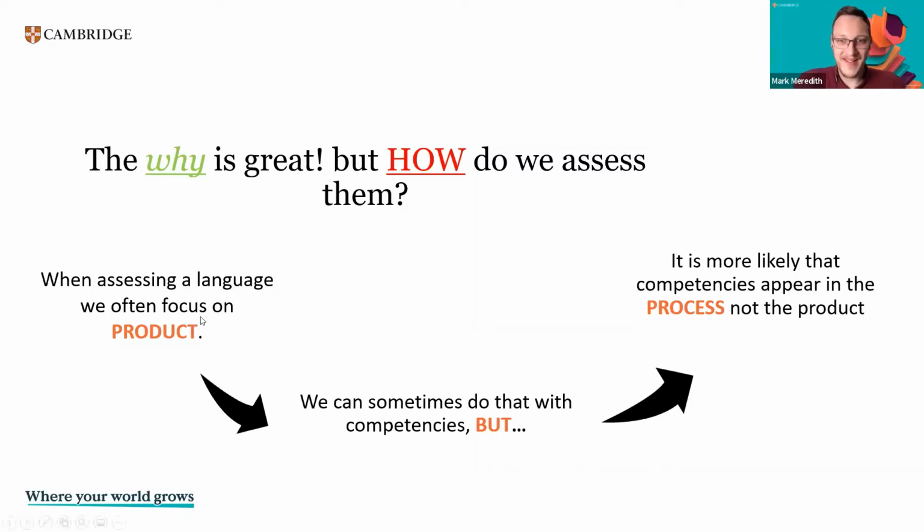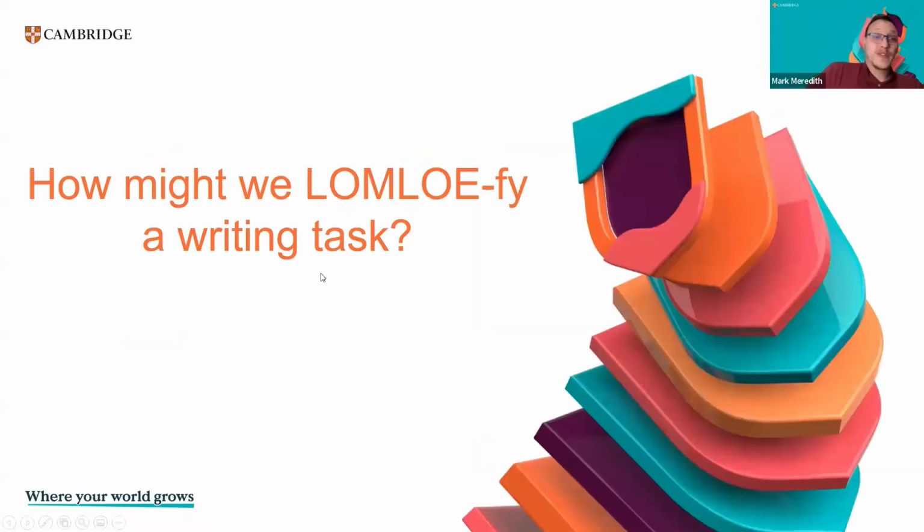Oh, sorry, Alex, were you going to add something? Nope. Okay, good. So what we're going to do then is move on to the examples and the activities that we've got prepared for you to have a look at. Number one is thinking about how we might LOMLOEify a writing task.